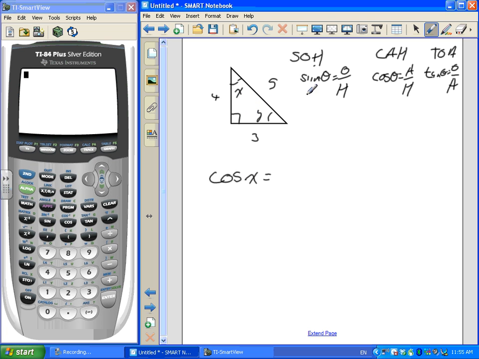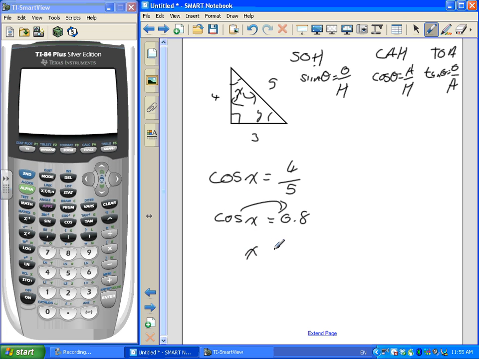Cos X is equal to the adjacent side, which is 4, over the hypotenuse, which is 5. Okay? 4 divided by 5 is 0.8. And I got to bring cos to the other side of the equation.